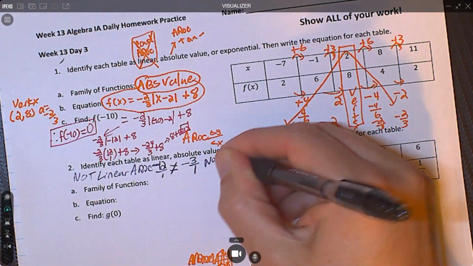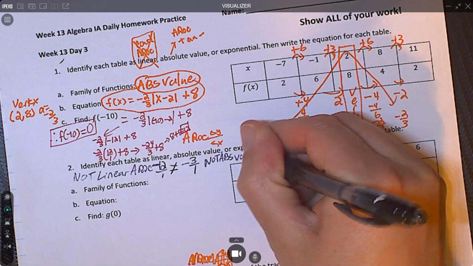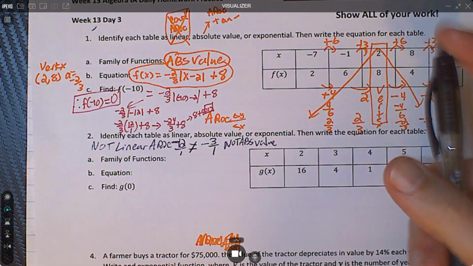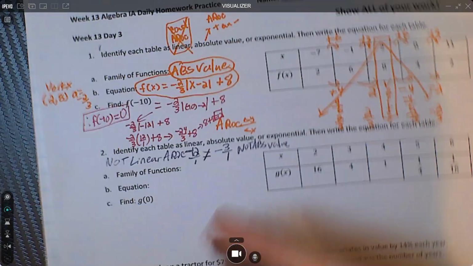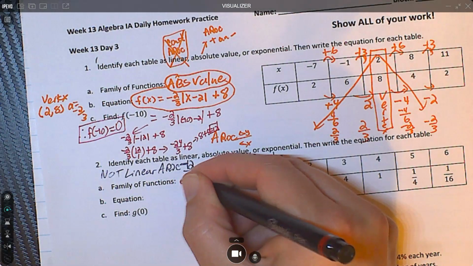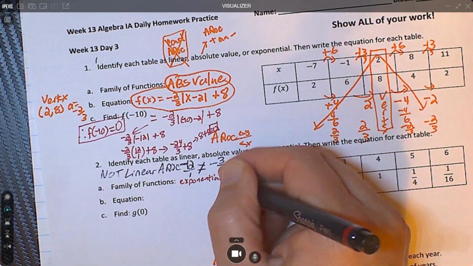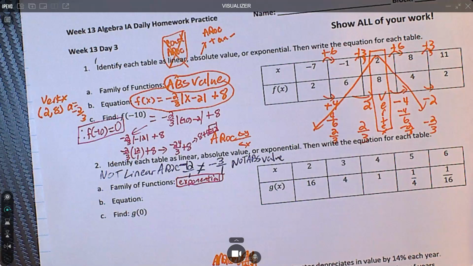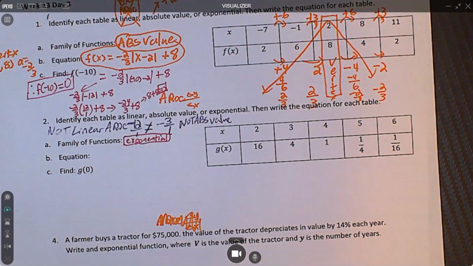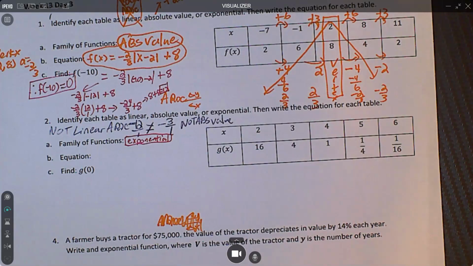So it's not linear, not absolute value, because it's not positive and negative at the same kind of slope. Okay, we don't know A. Okay, we're going to teach this through the week.